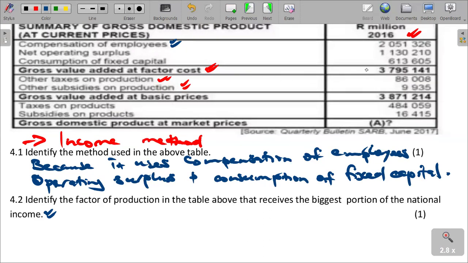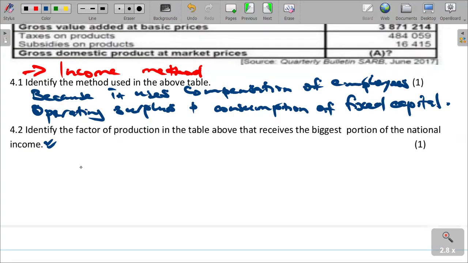If you look at the amount that is apportioned there, it shows employees, which is to say that labor is the composition of employees, which is the factor of production.